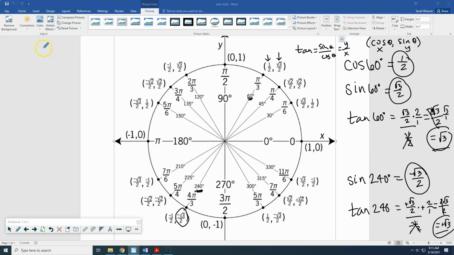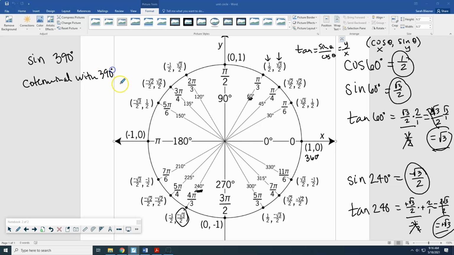Let's say I wanted to know the sine of 390 degrees. Now 390 degrees is not on this circle, right? It ends over here at 360. This is 360 degrees. So because of that, I have to find a coterminal angle with 390.